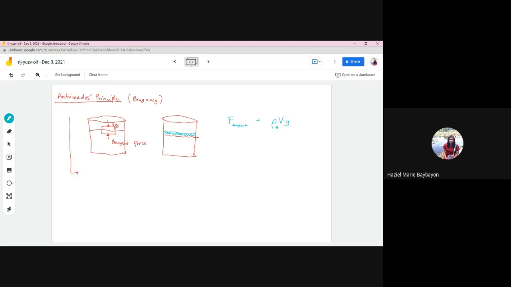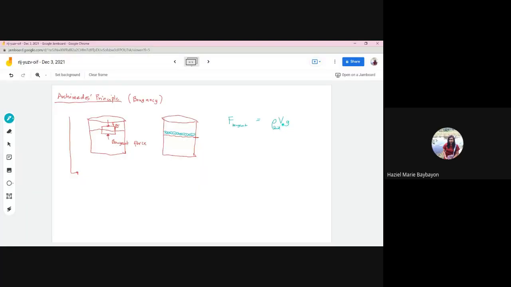Okay, so this rho here is the density of the fluid. And then V is the displaced volume, or the change in the volume of the fluid after the object is placed.